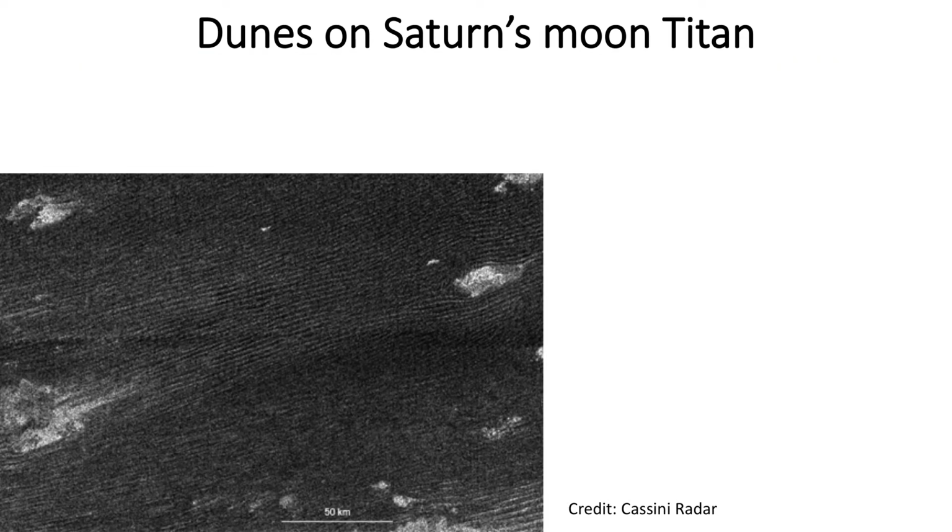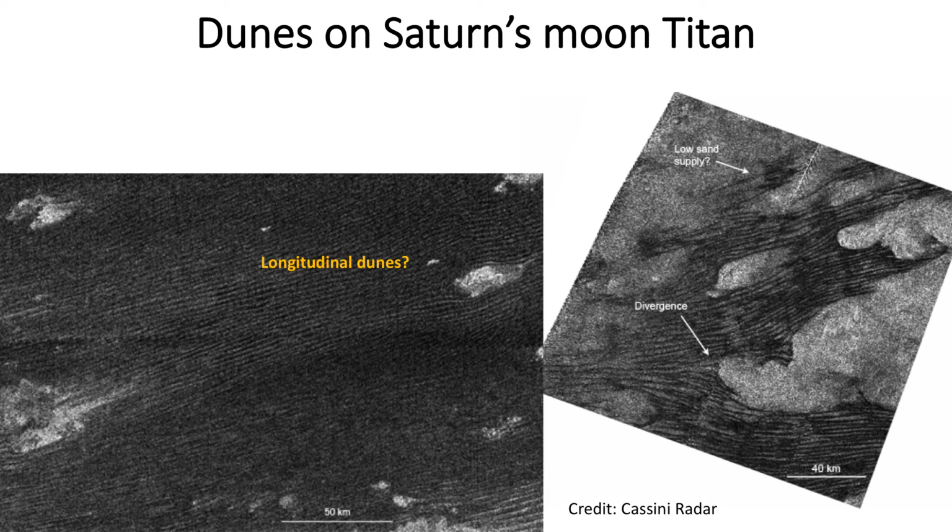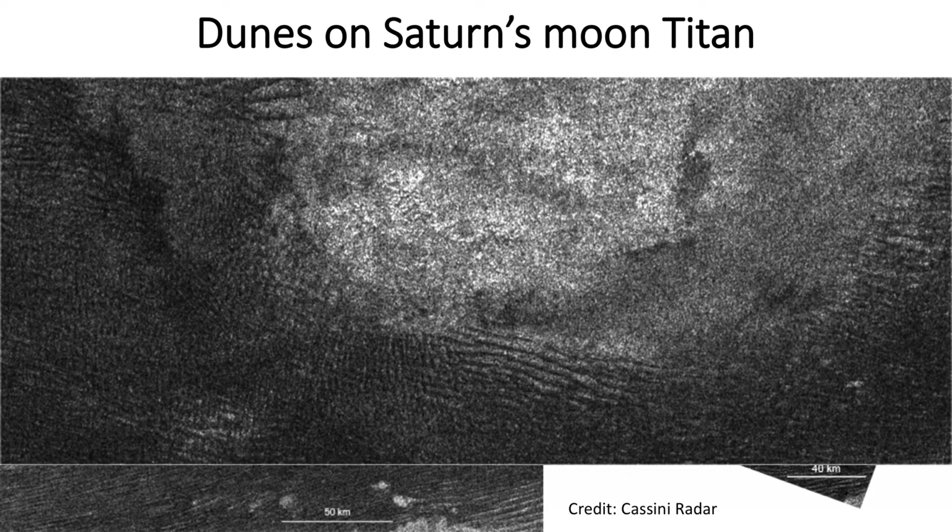So if we zoom in at some of these Cassini radar images, you can see these very straight linear dunes. So perhaps those are longitudinal dunes. And if you then look at another picture, you can again see these straight dunes. Now, maybe they're longitudinal dunes.